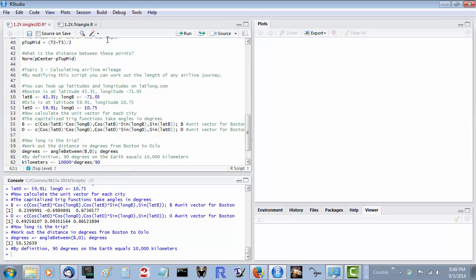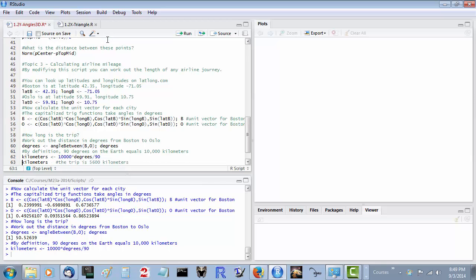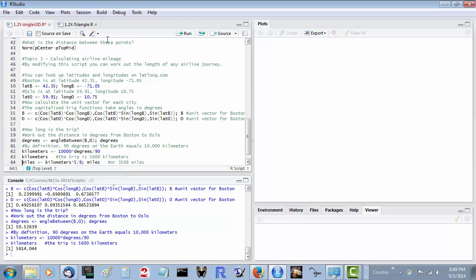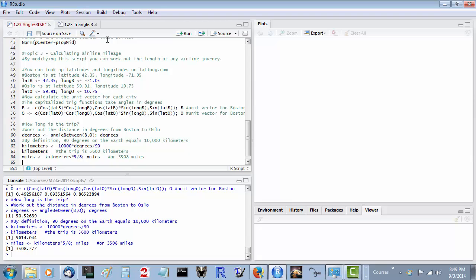So to convert from degrees to kilometers, we just have to divide by 90 degrees and then multiply by 10,000 kilometers. And presto, we know it's 5,600 kilometers from Boston to Oslo. Or if we're true red-blooded Americans and don't recognize kilometers, we multiply by 5/8 to get the answer.